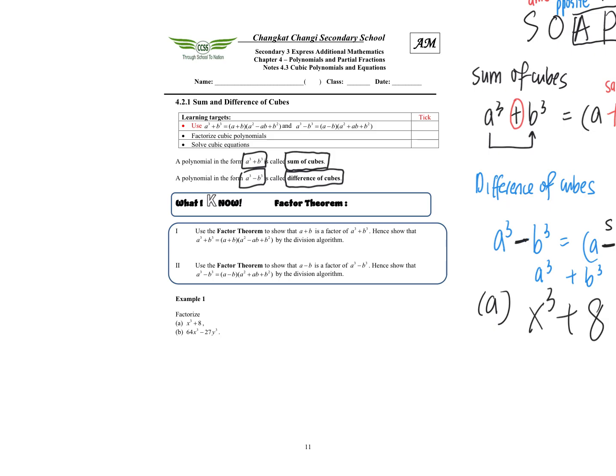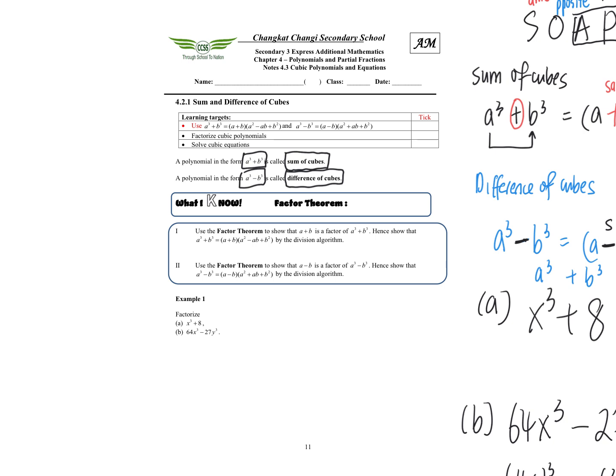Don't even need to do long division, don't need to do anything. When you see sum of cubes, you apply so. When you see difference of cubes, these two, okay, when you see difference of cubes, this 2 is difference of cubes because what is this? This is 4x cubed. What is this? This is 3y cubed.